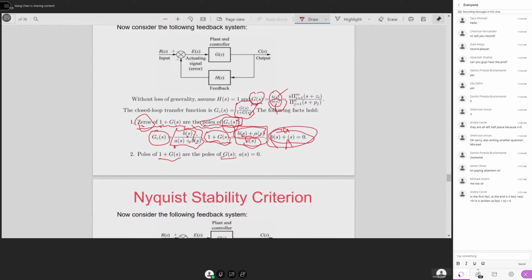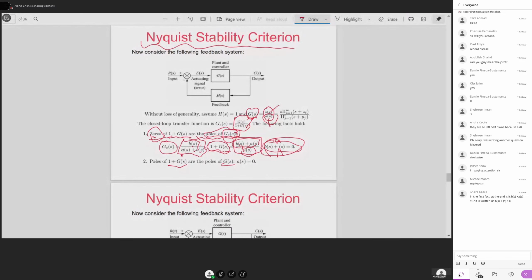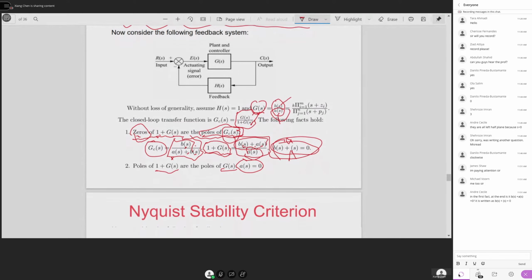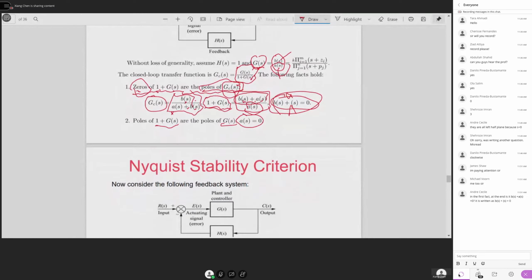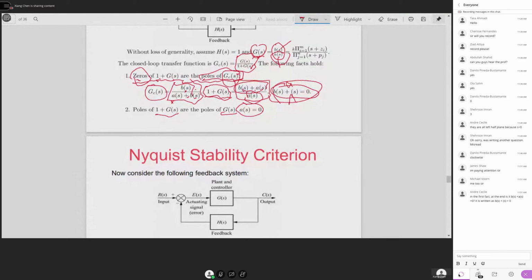So these are the open loop poles, and they can be obtained by solving the polynomial equation A of S equal to 0. So these two hard facts hold. Anyone have any question about these two facts? No question, right? Understand. Okay, accept it.